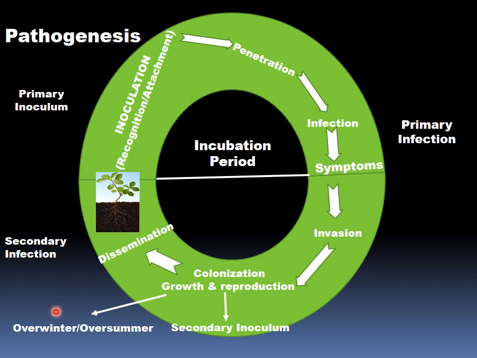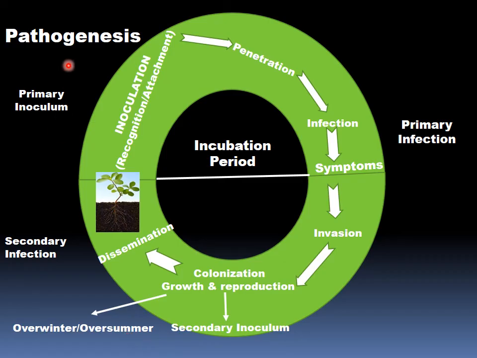So the pathogen remains dormant for a whole season, either in the plant debris or in the seed or in the soil. So for the next season, when you grow the crop, this pathogen again attacks, and again this cycle is repeated. If the dormancy period stretches over the winter, then it is known as overwinter, and if it stretches over the summer, then it is known as oversummer.